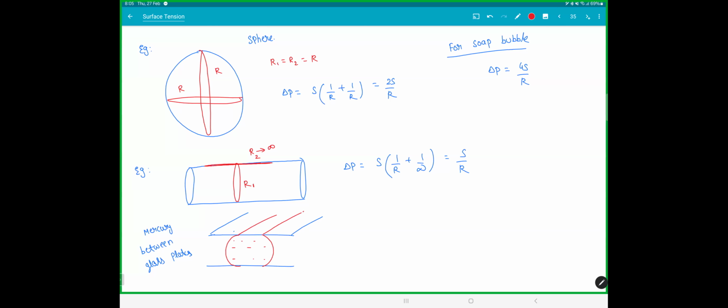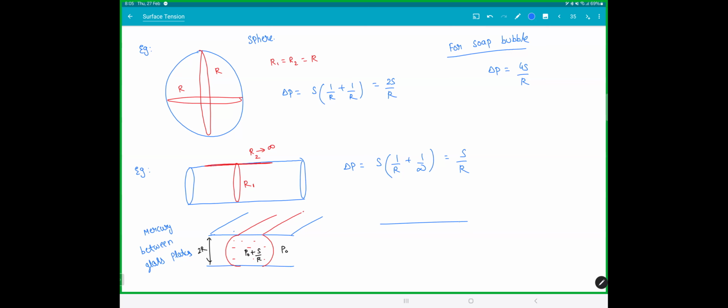It's like a cylinder. Think of it like this. Take 2 bread slices, put a lot of jam and just press it. The jam will come out like this, right? Can you visualize that? It's like a half cylinder. So here, if the pressure outside is P naught, here the pressure will be P naught plus S by R. Getting it? This will be 2R.